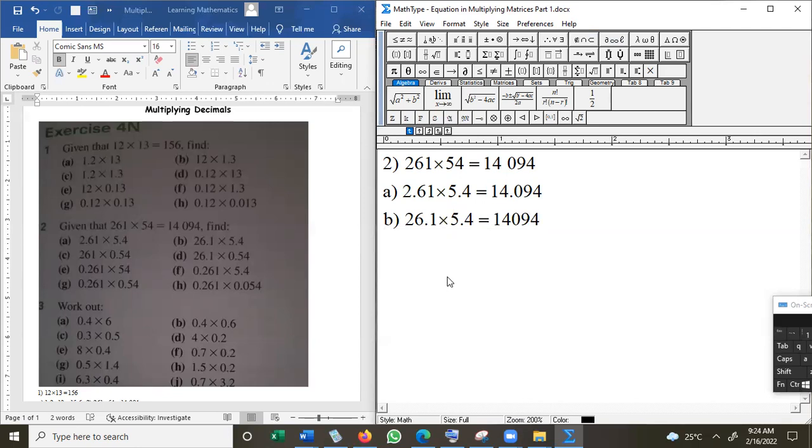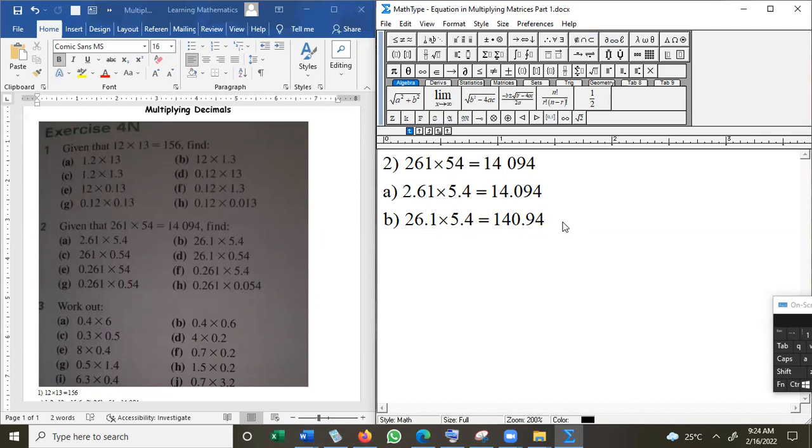Now we have to count the number of decimal places in 26.1 times 5.4. 1, 2 decimal places. Make sure you make a decimal place first before you count. So the answer is 140.94.